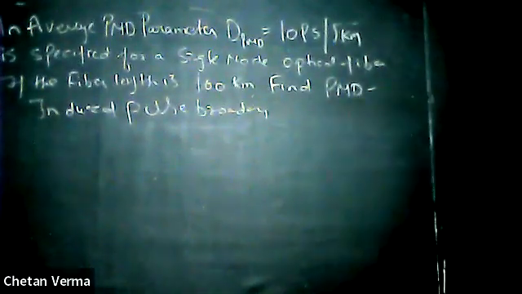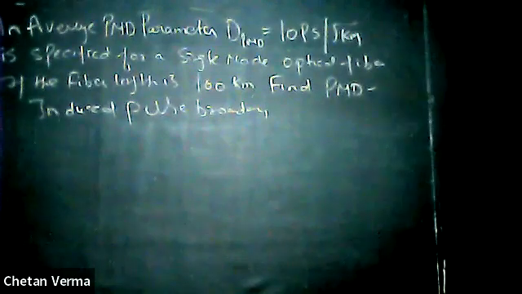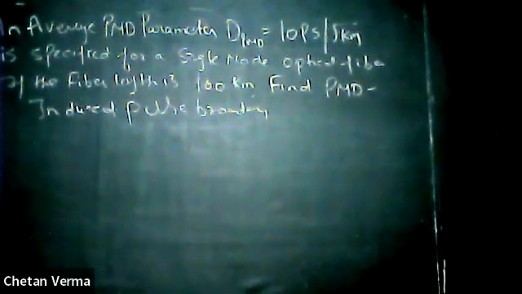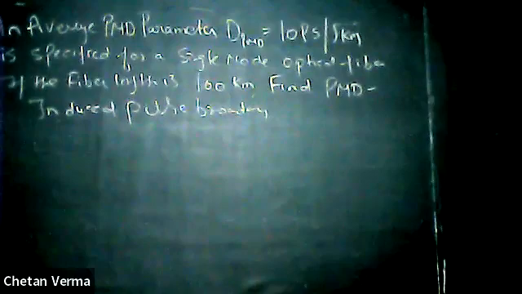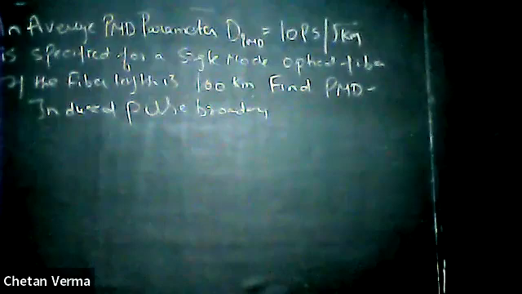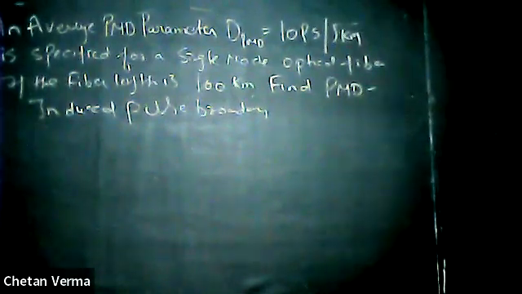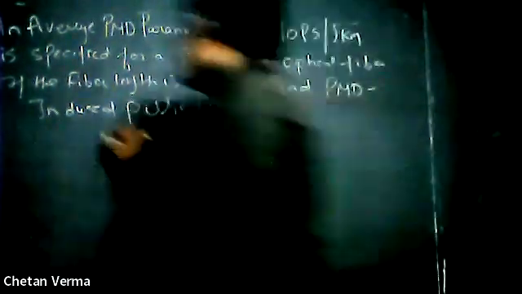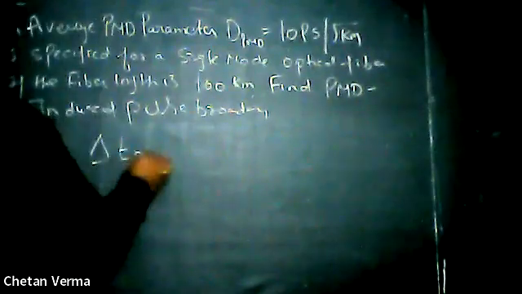The statement is now: an average polarization mode dispersion parameter is 10 picosecond per root kilometer, specified for a typical single mode fiber. If the fiber length is 100 kilometer, find out the PMD induced pulse broadening, means you have to calculate the value of delta T_PMD.